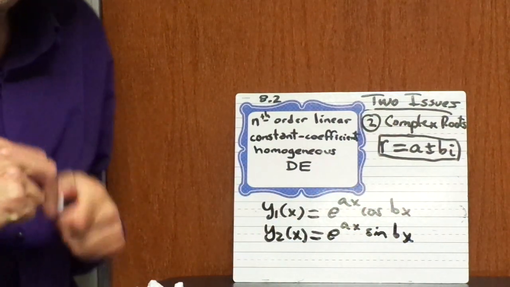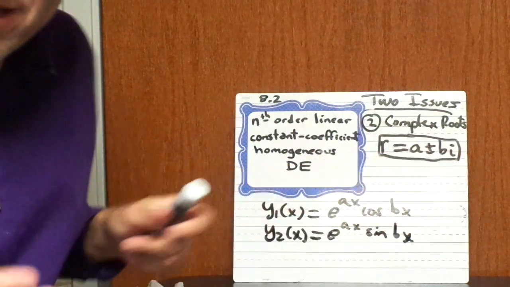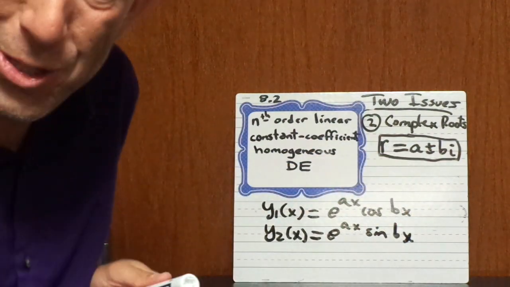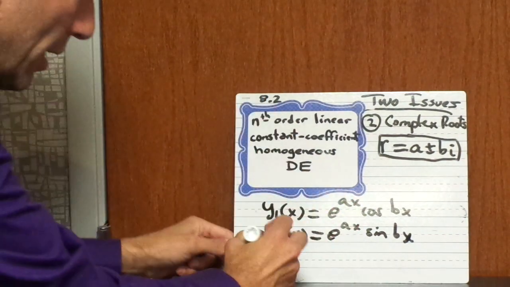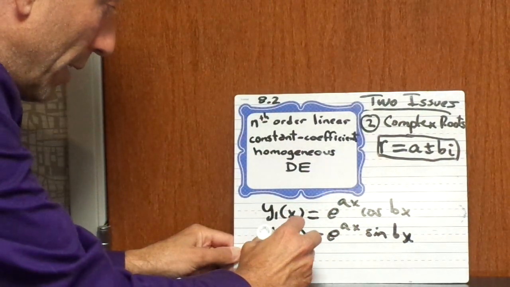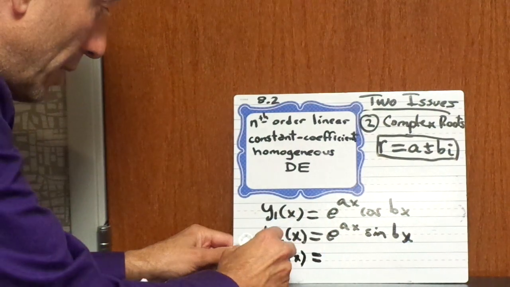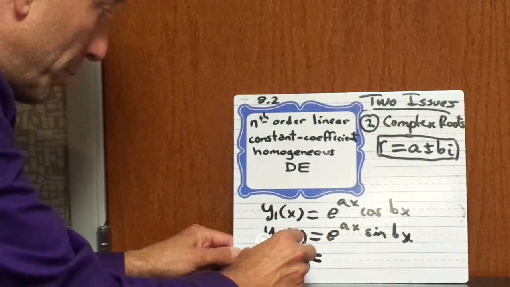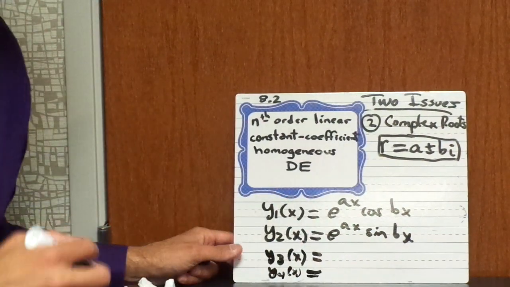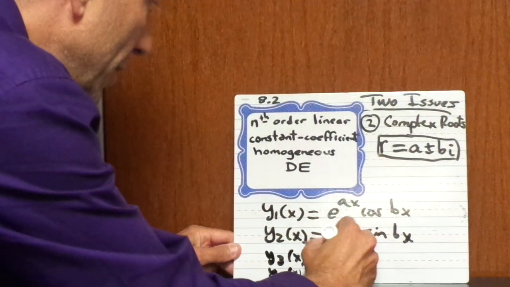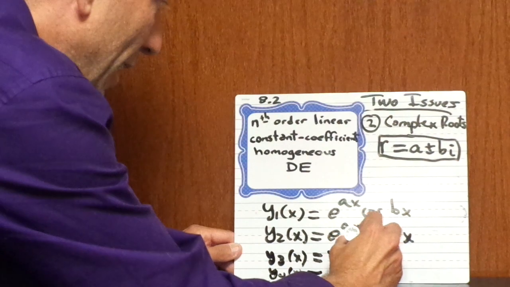By the way, if you have that same complex conjugate pair more than once, if there are repeats of the complex numbers, we can go on and write down additional solutions. Let's say that the root a plus or minus bi repeats two different times. All we have to do again, guys, is stack those x's, just like I explained before.